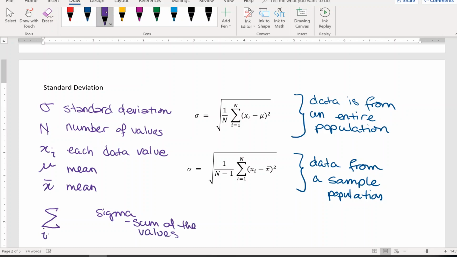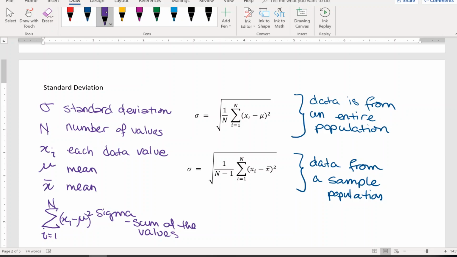So here our values are going from 1 to n, where n is the number of values we have in our data set. We take each data value, subtract the mean, square it, and then sum up all of them. And that sum is sigma.